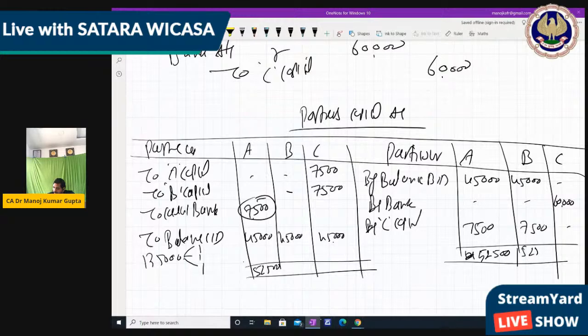This is also 52,500. 7,500 they will withdraw. This is 60, and I think this is also the balancing figure. Nothing balance.